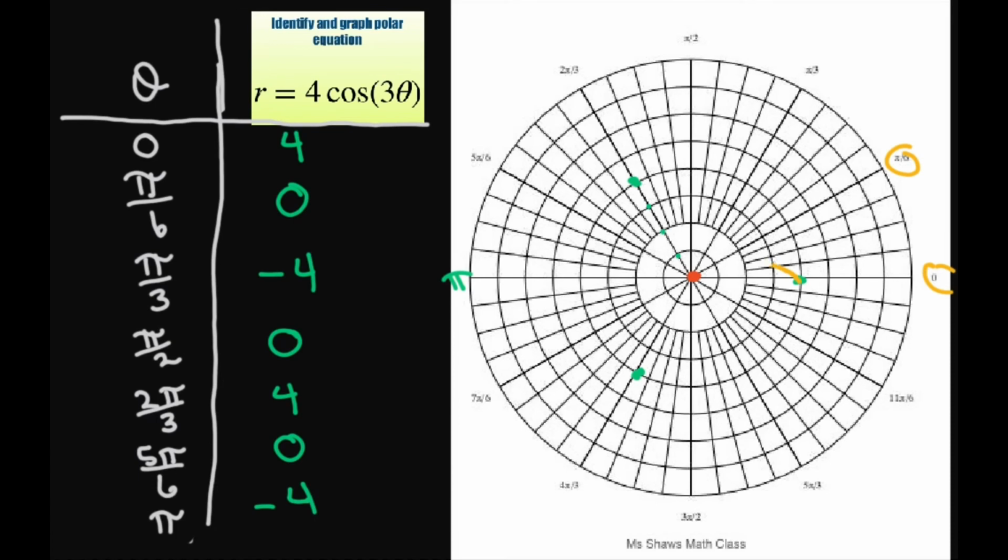So you're coming around to this one, and then at pi divided by 3, it's negative 4, so we're coming around here. Then we go back to 0, so I'm right here. Then we're going to 2 pi divided by 3, so swing it up here. Then at 5 pi over 6, we're going back to 0. And then at pi, we're at negative 4.